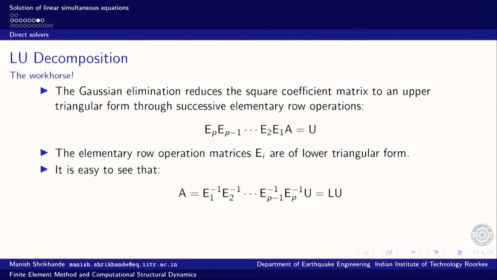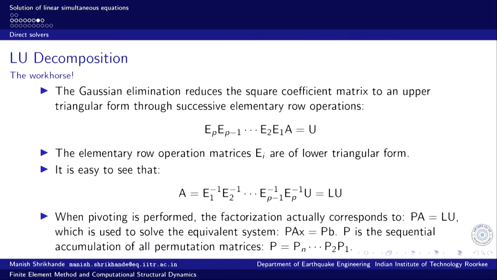Otherwise, E matrices are essentially identity matrices except for the jth ith element. So, it is easy to see that matrix A is simply the inverse of this. While we take the inverse, the order will be reversed. So, that is essentially L times U. That is the LU decomposition, and once we have it, these equations can be solved by a two step process.